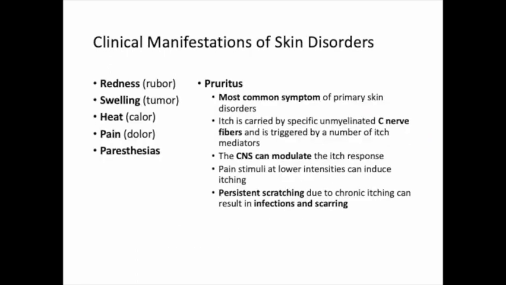So there are other types of clinical manifestations of different skin disorders. We've talked about this terminology in the past: rubor, tumor, calor, dolor, and paresthesia. We're going to talk about pruritus a little bit. This is itchiness, but understanding more why this occurs.